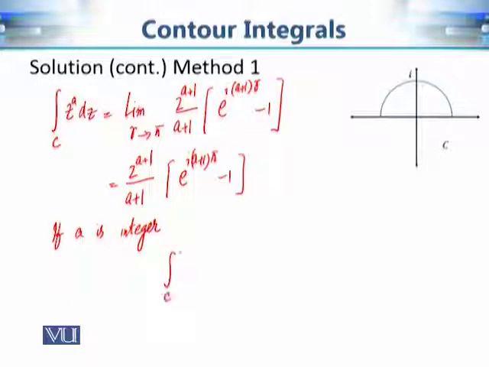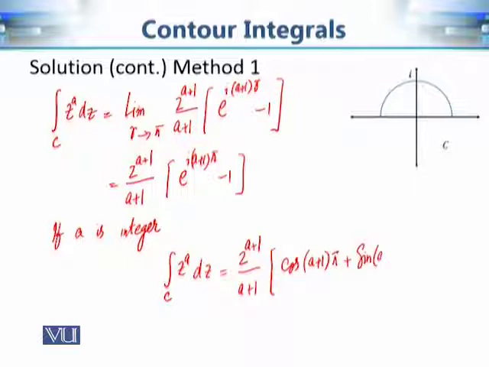The integral over C of z raised to power a dz is going to be equal to 2 raised to power a plus 1 divided by a plus 1, and when we evaluate this, it is going to be equal to cosine (a plus 1) pi plus i sine (a plus 1) pi. Okay, so that's the value of e raised to power iota (a plus 1) pi, minus 1.